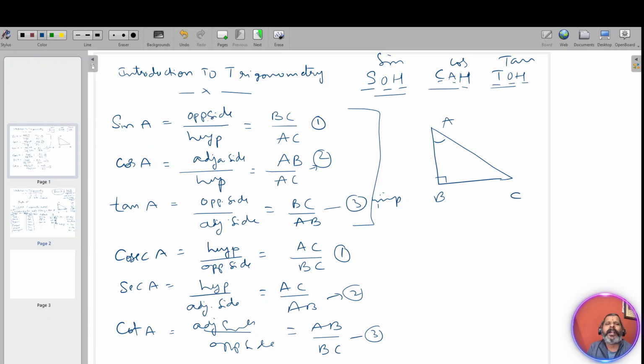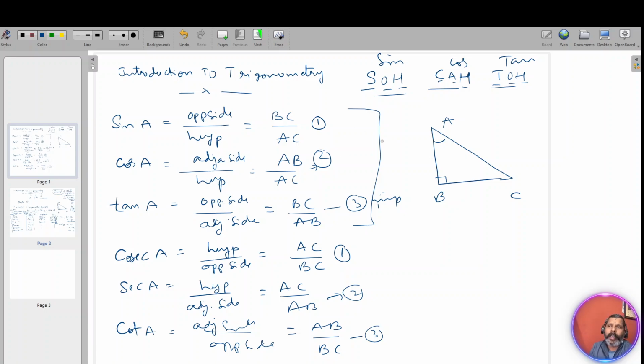Tan is opposite by adjacent. Your wish. If you want to learn this, that's okay. But my request is learn the basics directly. Not only this topic, for any topic, the basics should be learned directly. Don't have any clues for the basics, unless they are tough to remember.